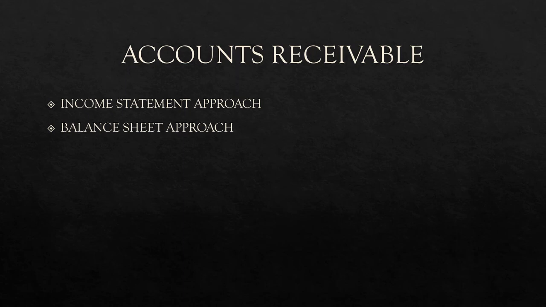And the allowance for doubtful accounts, if it doesn't have anything in it, will be $30,000 as well. If it has a debit balance in it, it'll end up less. If it has a credit balance in it, it will end up more. So we don't really care in the income statement approach what happens to the allowance for doubtful accounts. We're just going to make an entry and let it fluctuate accordingly.